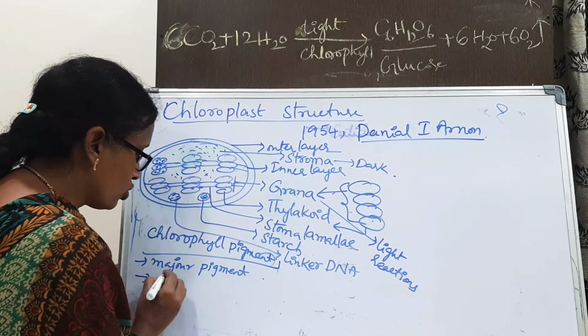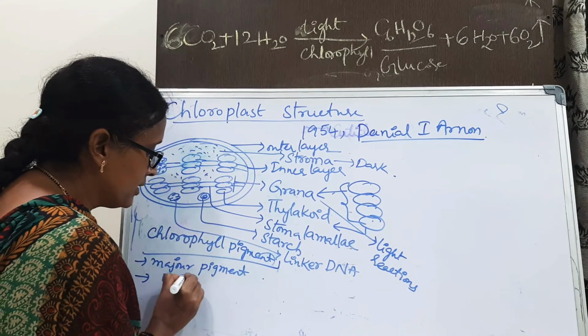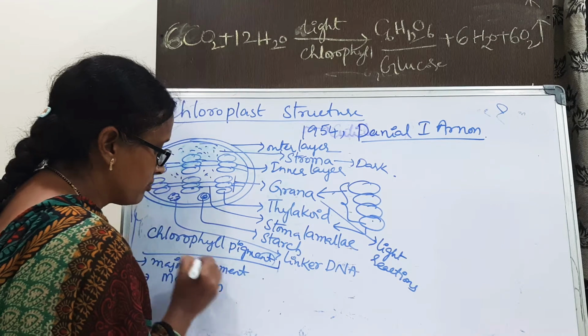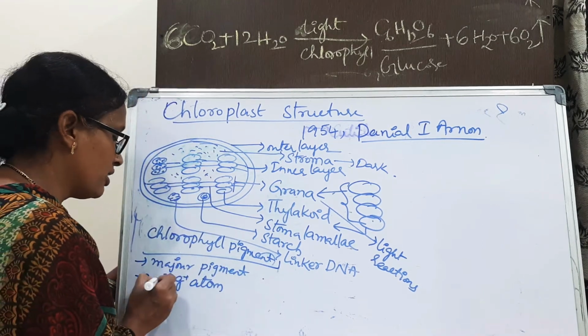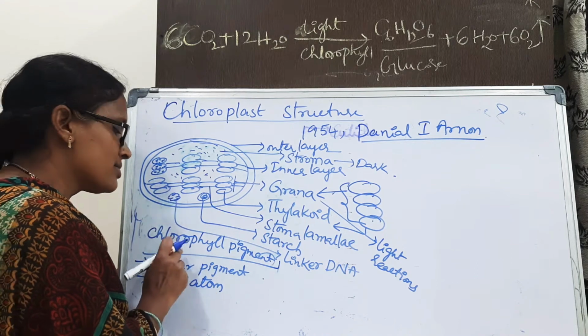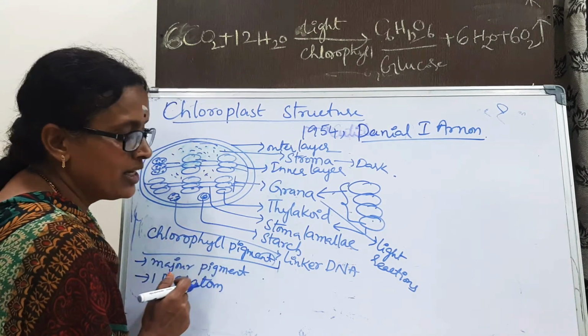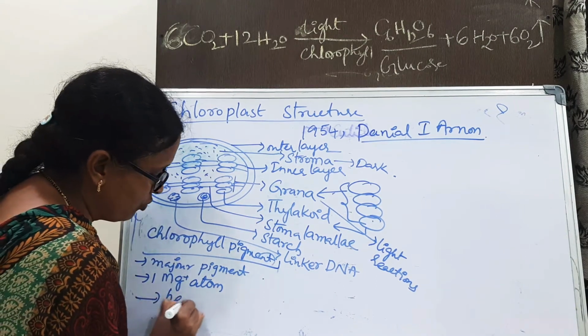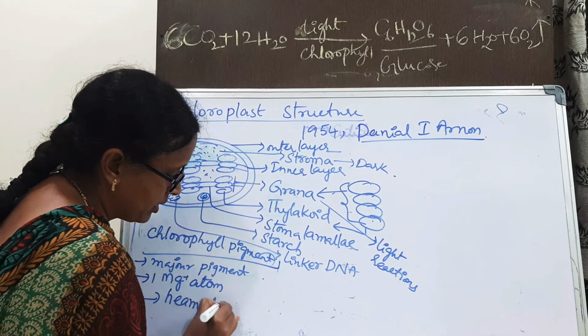The structure of chlorophyll is similar to the heme of hemoglobin.